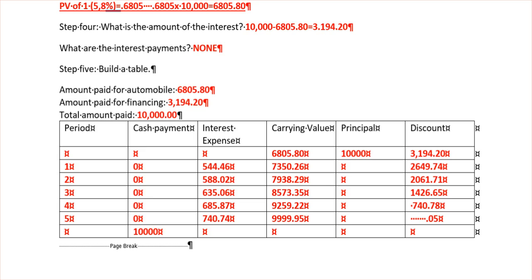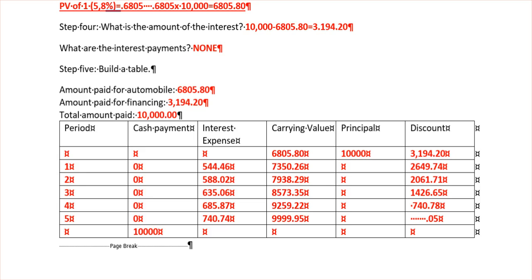Okay, so we look at this and we look above, and you can see at the very top I have PV of 1 and I'm saying 5 periods of time and I have 8%. When we make our present value calculations, we always use market rate in there. So I don't even have to go up to the very top of the problem and say, what is the market rate or the reasonable rate? I can just look at this and tell you it's 8%.